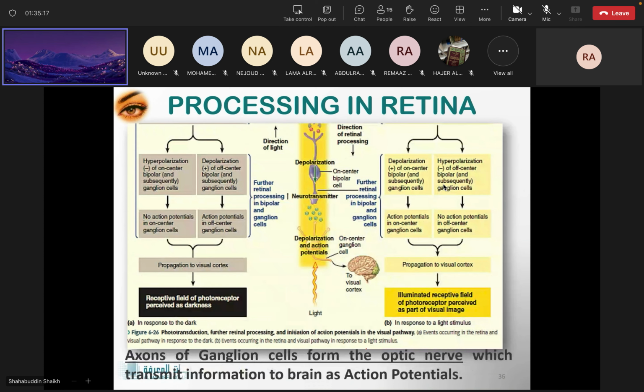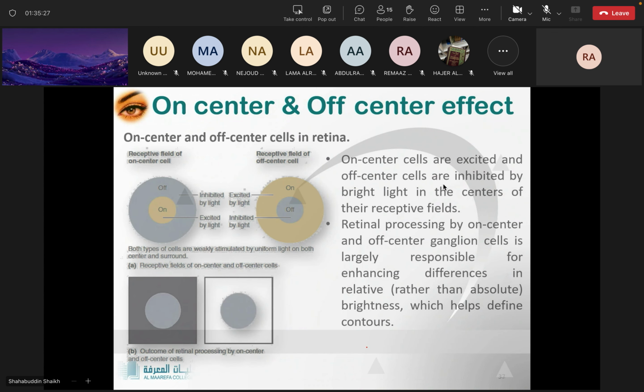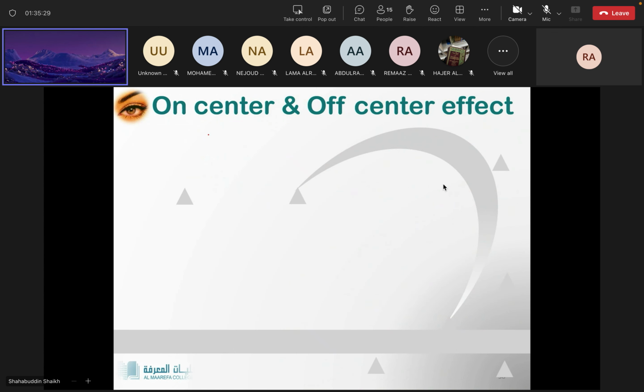Now I'll show you the real life effect of this on center, off center mechanism. You can skip these two slides if you don't have time. If you have time, you can read. This is how we use the on center and off center function of bipolar and ganglion cells, by identifying the margin of any object.